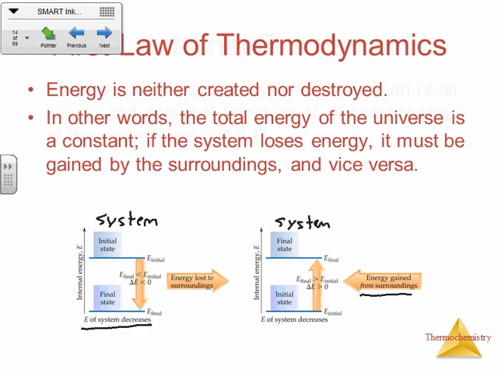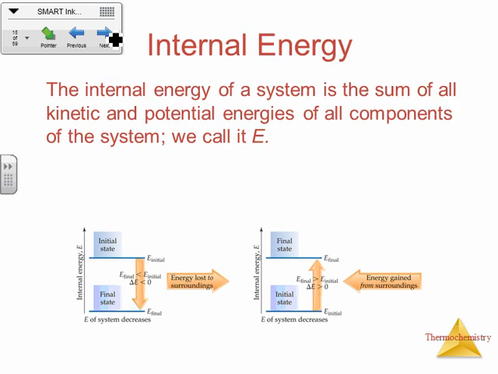But we already talked about the system and the surroundings here. Now the internal energy of a system: if you add up all of the kinetic and potential energies of all the components in the system, that is the internal energy. It's very difficult to figure out the internal energy of a system because there are so many different parts to it.